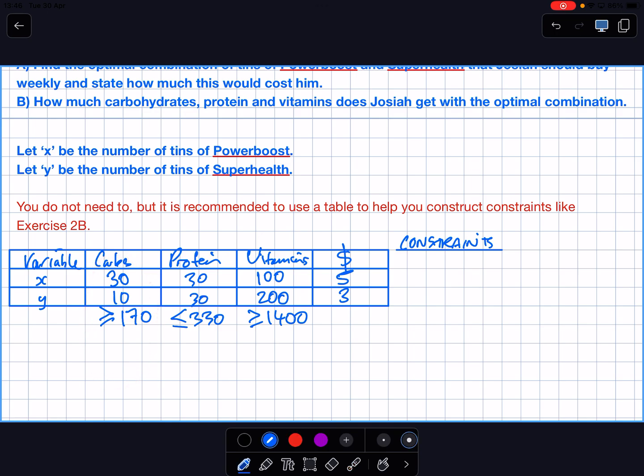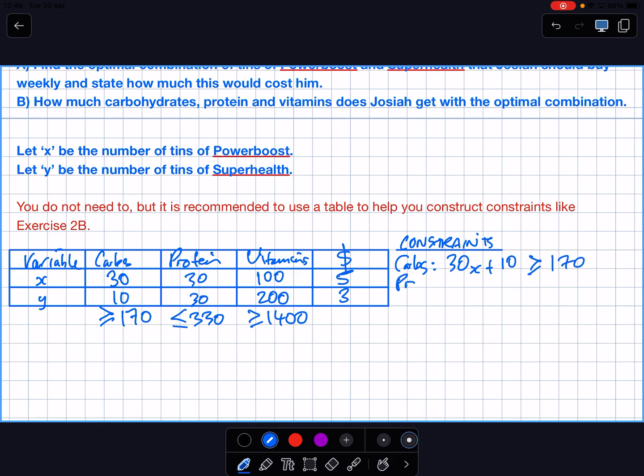What is the constraint for carbs? It is 30x plus 10y. Is that greater than or equal to 170 or less than? What does it say under the table? Greater than or equal to 170.